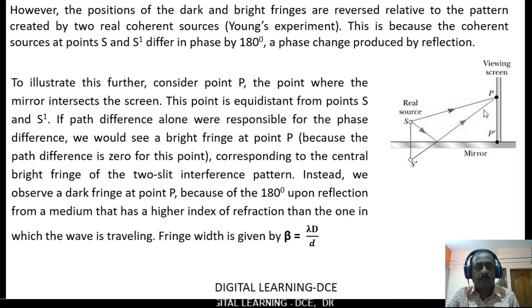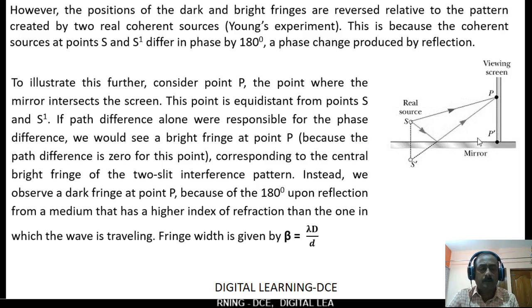To illustrate this further, consider the point P on the screen, the point where the mirror intersects the screen. This point is equidistant from the points S and S dash. If path difference alone were responsible for the phase difference, we would see a bright fringe at point P because the path difference is 0 for this point, corresponding to the central bright fringe of the two slit interference pattern.